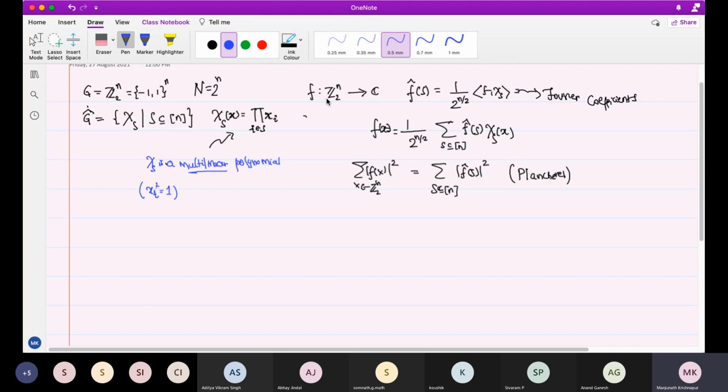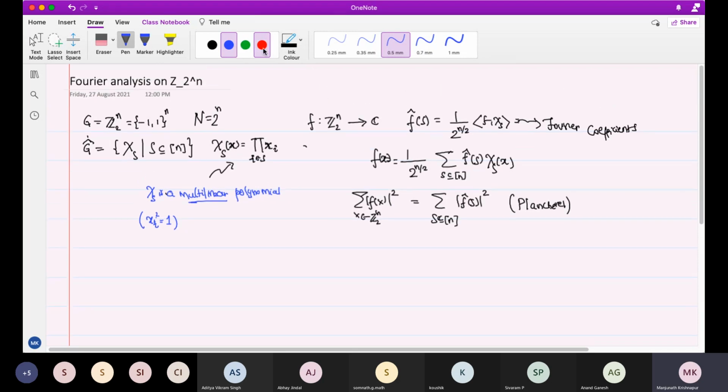By the way, the reference for everything I do on Z2 and Boolean functions is this book by Ryan O'Donnell called Analysis of Boolean Functions.